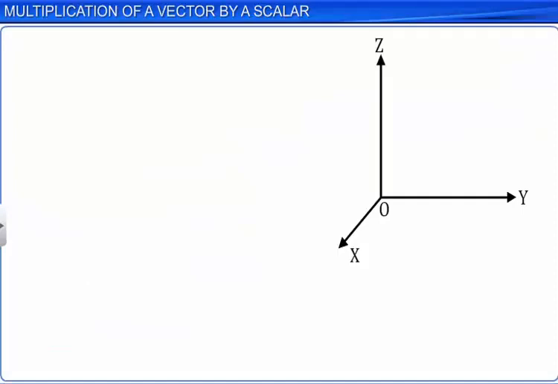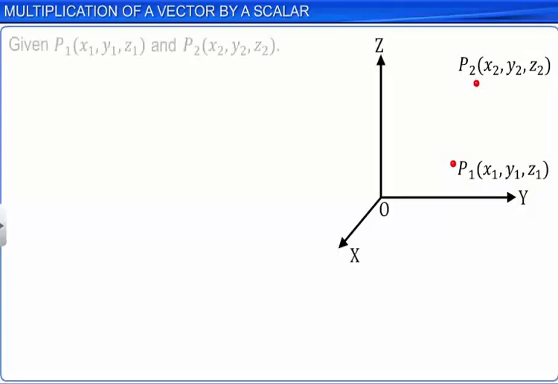Consider two points P1 and P2 in space as shown here. Let us find vector P1P2 by joining the two given points. Let us draw vectors OP1 and OP2 from the origin to the given points P1 and P2 respectively.